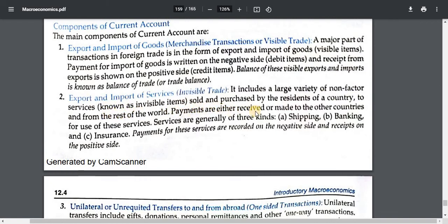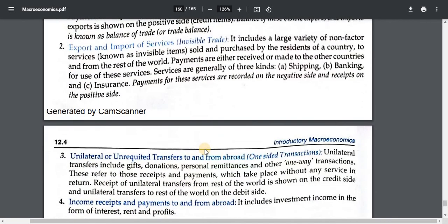Payments are either received or made to other countries for use of these services. Services are generally of three kinds: A. Shipping, B. Banking and C. Insurance. Payments for these services are recorded on the negative side and the receipts on the positive side.